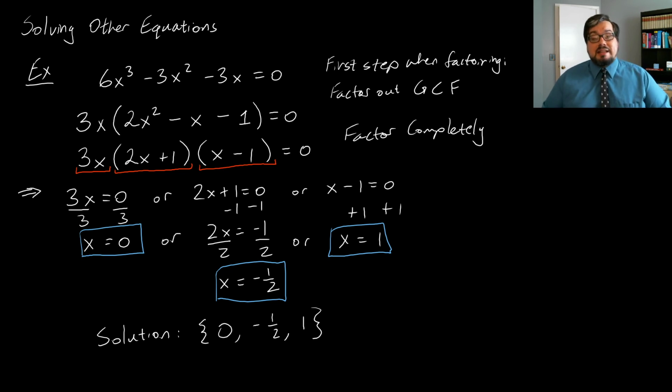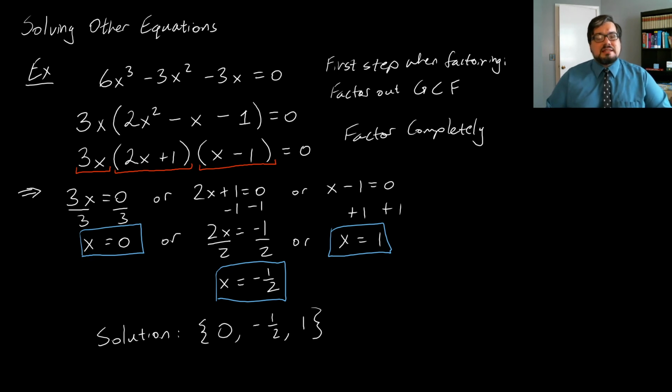Turns out this isn't an accident. If you have a degree n polynomial, where n is any positive integer, then it will have, at most, n different solutions. And so, the fact that we got 3 different solutions out of a degree 3 polynomial here isn't surprising. It's, in fact, sort of what we expect.